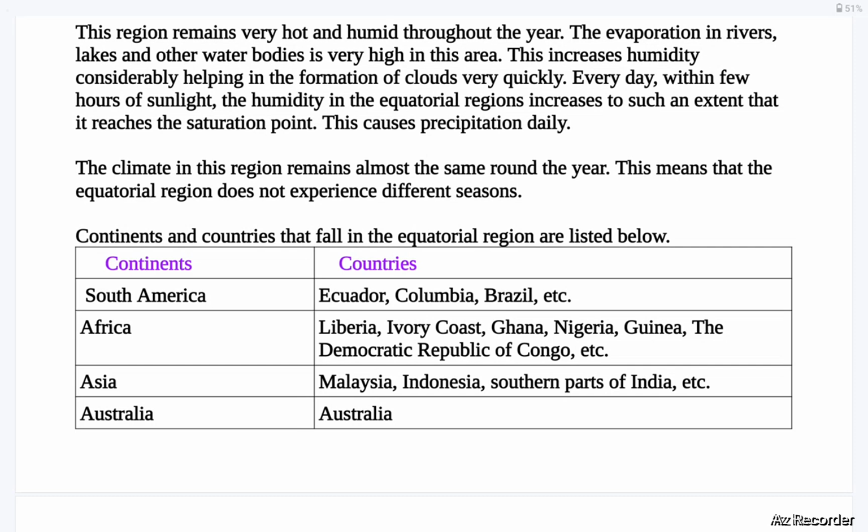In South America, the countries that fall in the equatorial region are Ecuador, Colombia, Brazil, etc. In Africa, countries that fall in the equatorial region are Liberia, Ivory Coast, Ghana, Nigeria, Guinea, the Democratic Republic of Congo, etc. In Asia, the countries that fall in the equatorial region are Malaysia, Indonesia, and southern parts of India, etc. And lastly, Australia.